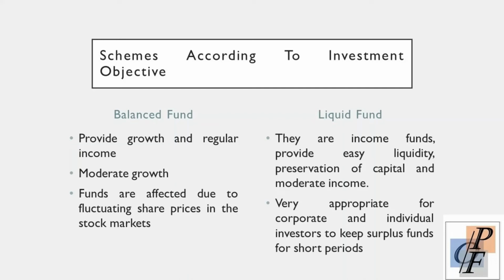Coming to the balanced fund, they provide both growth and regular income. They are of moderate growth and funds are affected by fluctuating share prices in the stock market. Liquid funds are income funds which provide easy liquidity, preservation of capital and moderate income, very appropriate for corporate and individual investors to keep surplus funds for short periods.